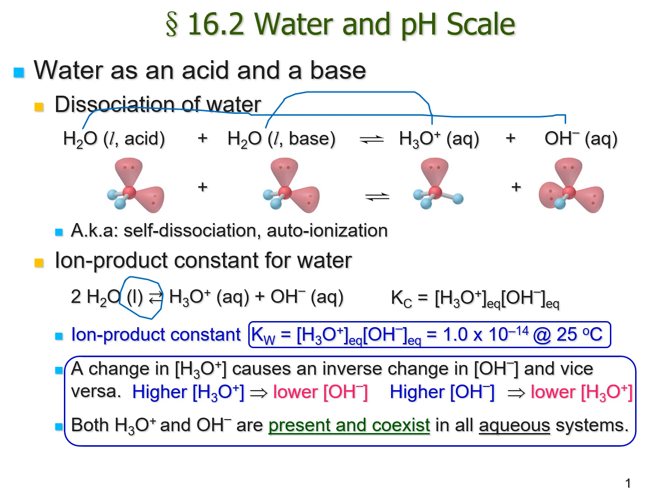That means even in an acidic solution, we have OH minus at a certain concentration. In a very strong base like sodium hydroxide, there's always going to be a very small amount of hydronium in the solution. So how do we understand this?